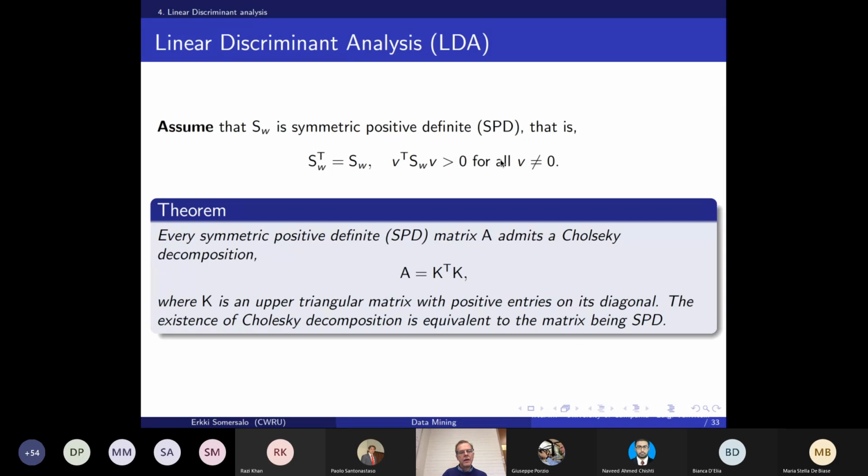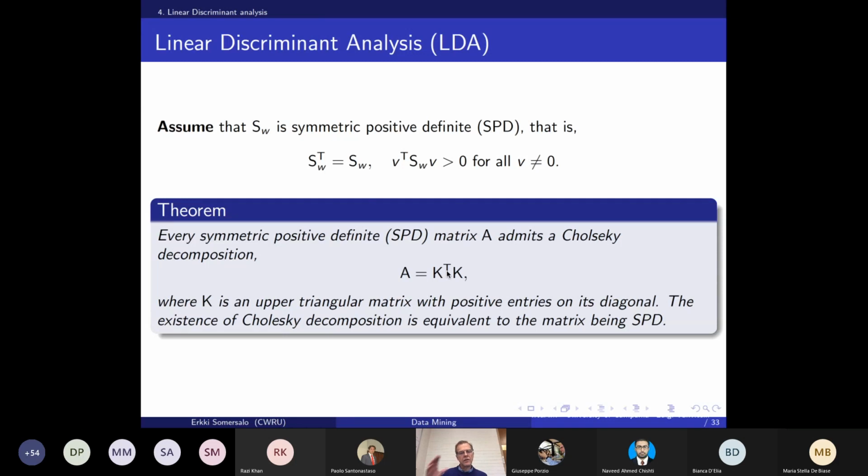So if these two conditions are valid, then we say that the matrix is symmetric positive definite, SPD. And this theorem says that every symmetric positive definite matrix A admits a Cholesky decomposition. That means that the matrix can be decomposed as a product of K transpose K, where K is an upper triangular matrix with positive entries on its diagonal. Upper triangular means that K has non-zero entries only in the upper triangle.